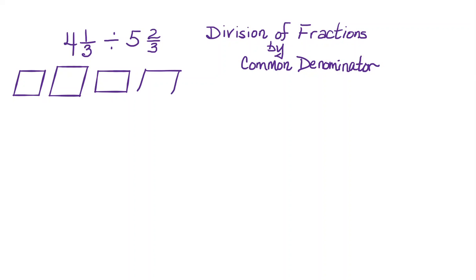Now I want to know how many thirds there are. I could divide it into thirds. So all 4 there are now thirds, and I'm just going to count them. 1, 2, 3, 4, 5, 6, 7, 8, 9, 10, 11, 12 thirds, plus I have this third that I already have.